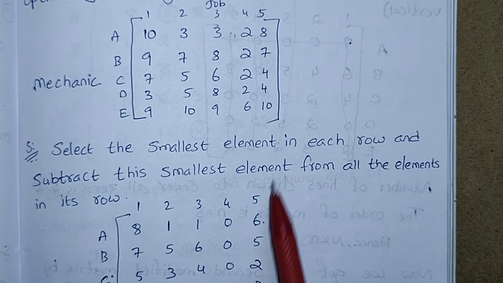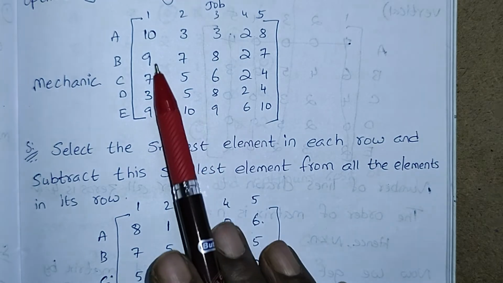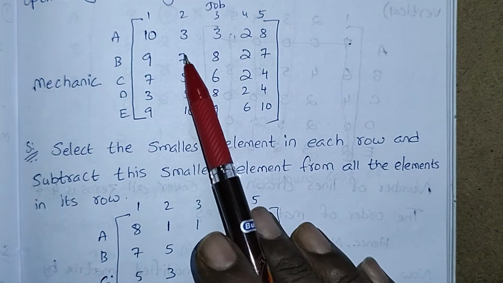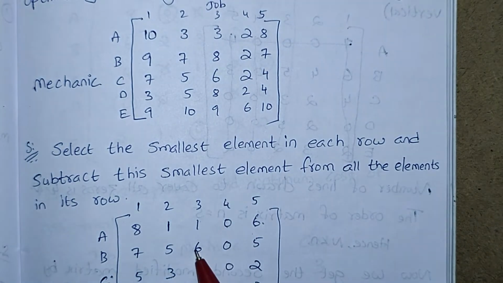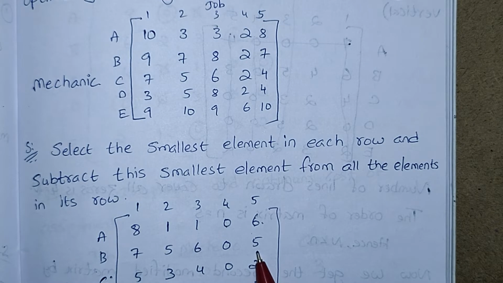Next row, 2 is the smallest, so 9 minus 2 we write 7, 7 minus 2 is 5, 8 minus 2 is 6, 2 minus 2 is 0, and 7 minus 2 is 5.